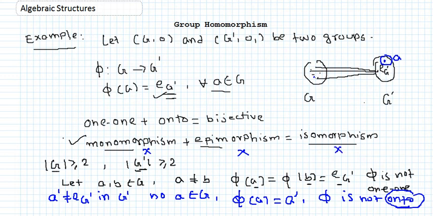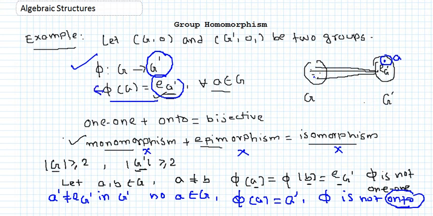So this is an example of a group homomorphism which is neither a monomorphism nor an epimorphism, and so not an isomorphism. This type of group homomorphism, where all elements map to the identity element of the codomain, is called a trivial group homomorphism.